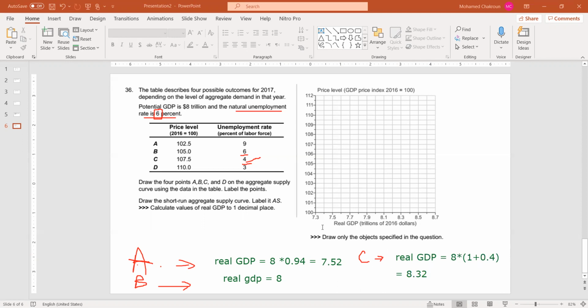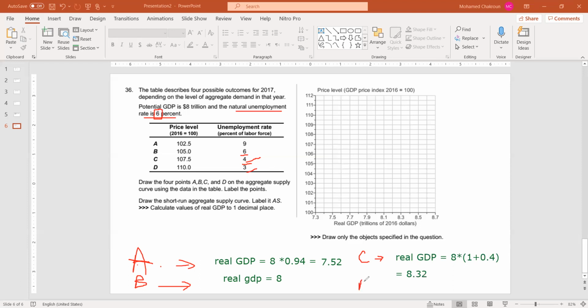Finally, at point D, the unemployment rate is equal to 3%, which is 3 points below the natural unemployment rate. So real GDP at point D will be 6 points higher than potential GDP.